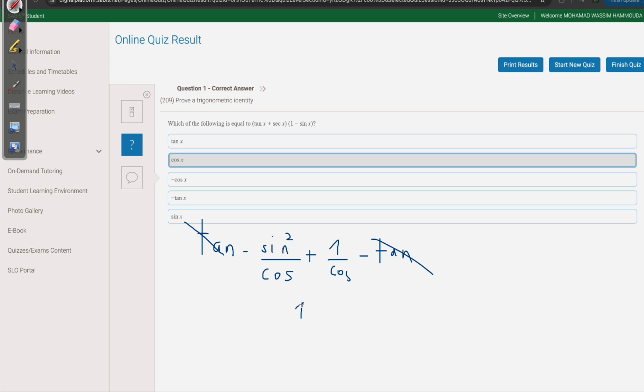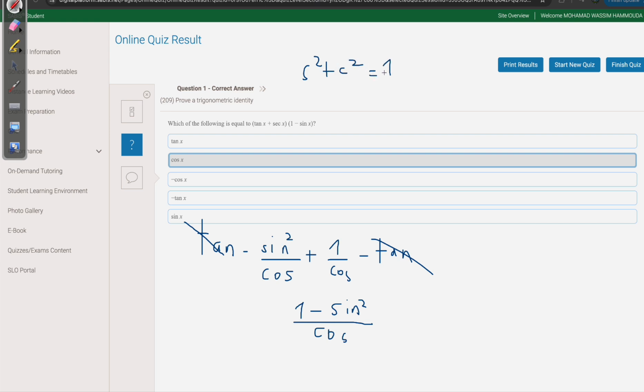And then since it's minus sine squared, so 1 minus sine squared over cosine. Now let's remember the identity. Sine squared plus cosine squared is equal to 1.